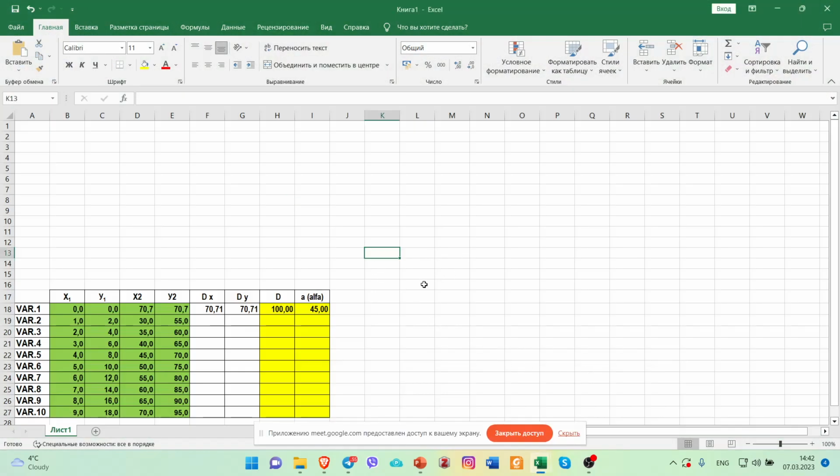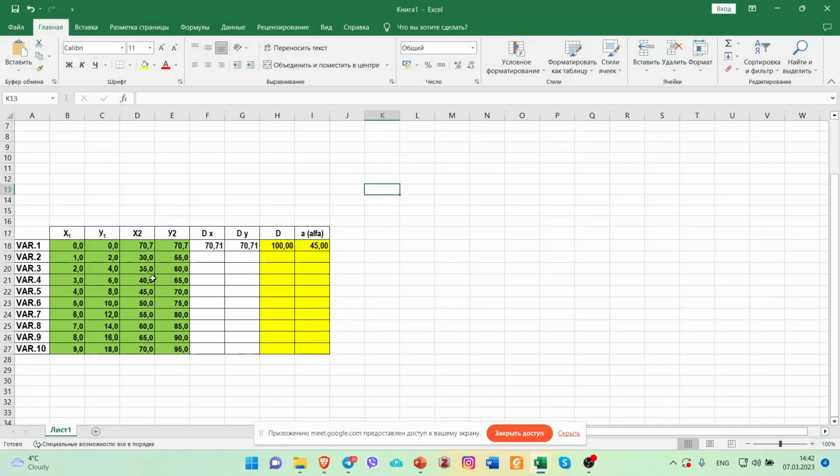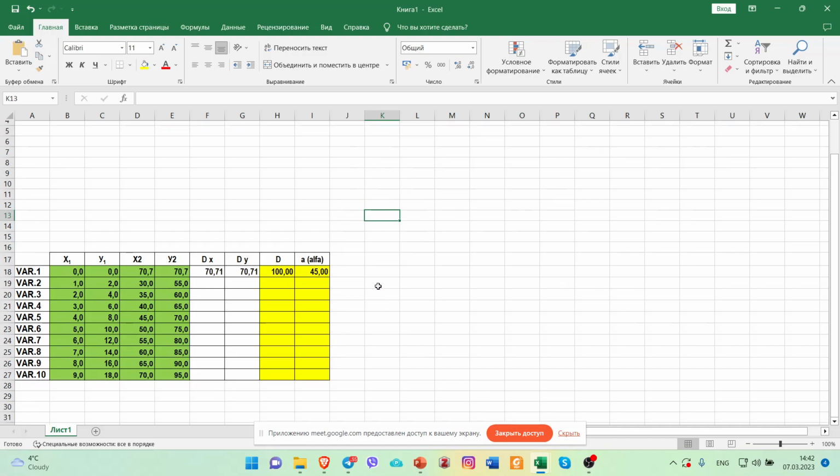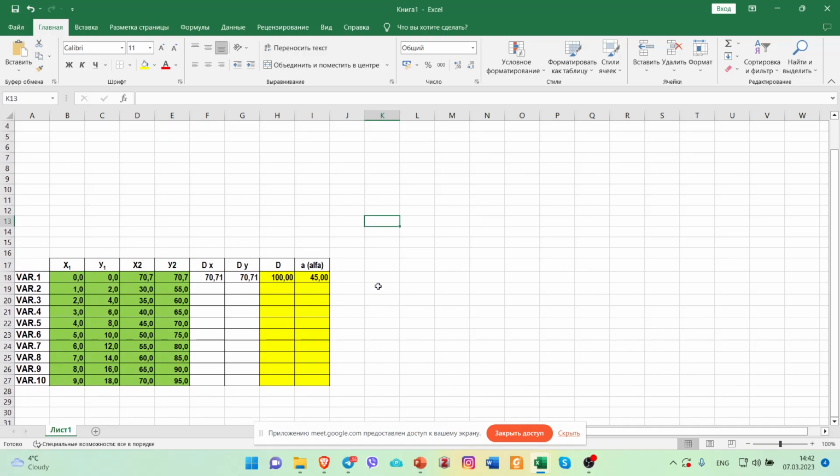Well, you can see here different variants of indirect geodetic task.